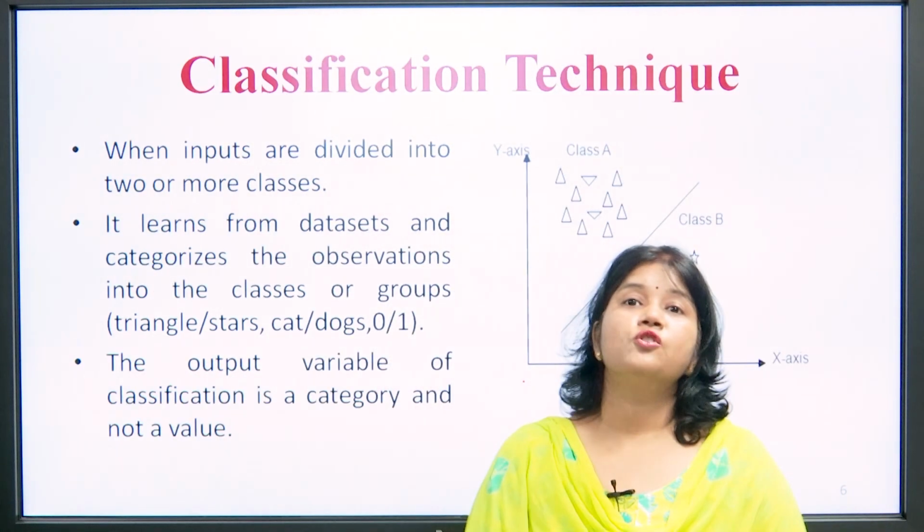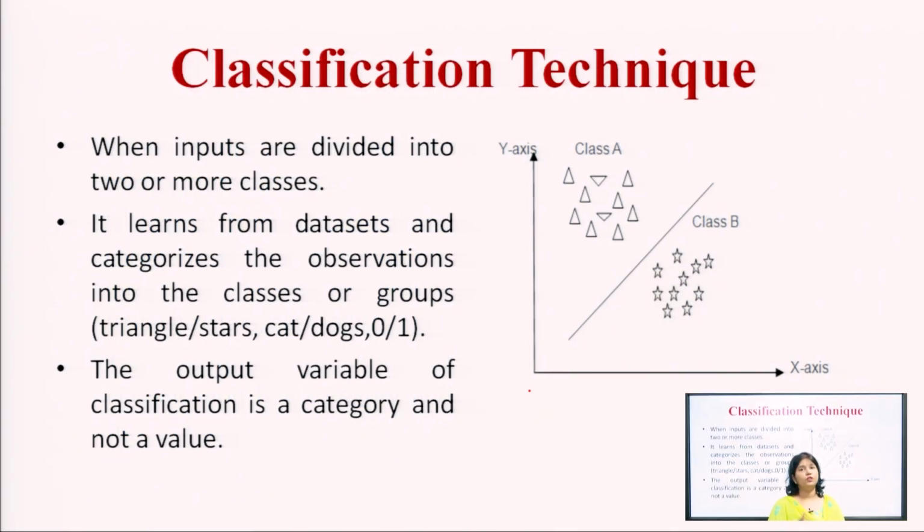Supervised learning is categorized into two parts, classification and regression. You have to decide where to perform the classification technique and where to perform the regression technique. The classification technique works on data that comes in a bunch of groups, that is, divided into classes, maybe two classes or many classes.